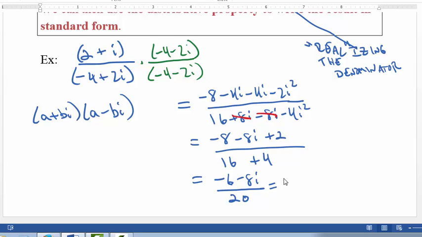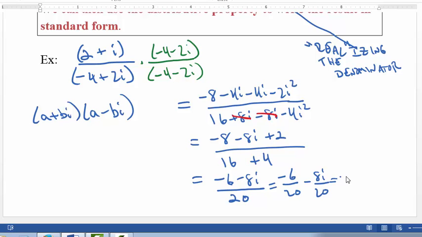So what you really want to do here is use the distributive property. So write this as negative 6 over 20 minus 8i over 20, right? Think of it as the distributive property with division. You're dividing both pieces by 20. And then each of these pieces, in this case, is going to reduce a little bit.